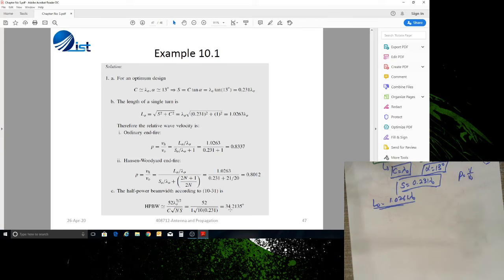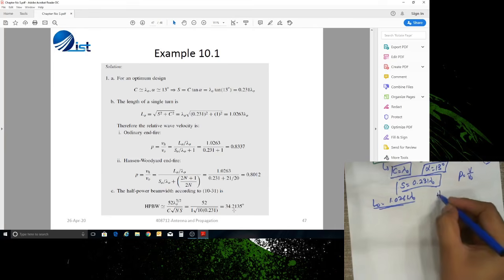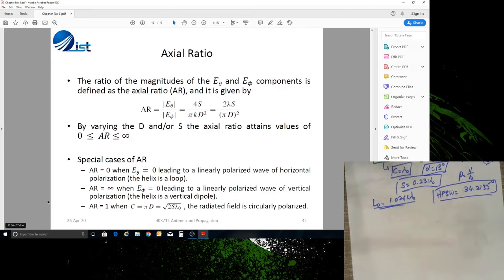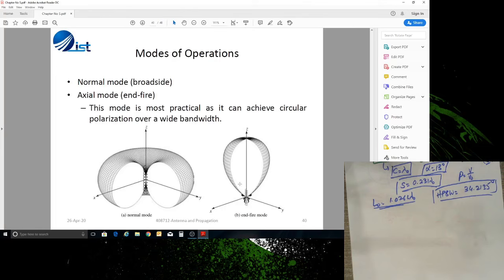You would see that half power beam width is 34.2135 degrees. So इसका मतलब है कि एक्सियल मोड के अंदर आपके पास जो रेडिएशन पैटर्न है, if we go back, तो यहाँ पे जो इसकी हाफ पावर बीम विड्थ बनेगी, it would have an angle of 34.2135 degrees.